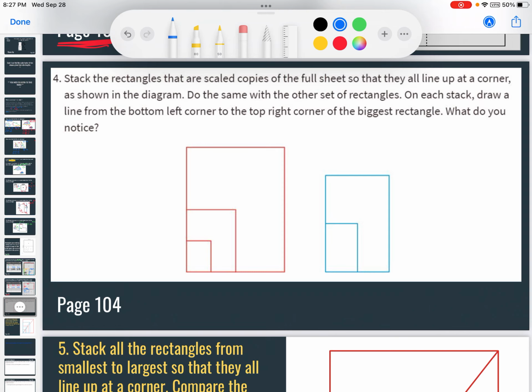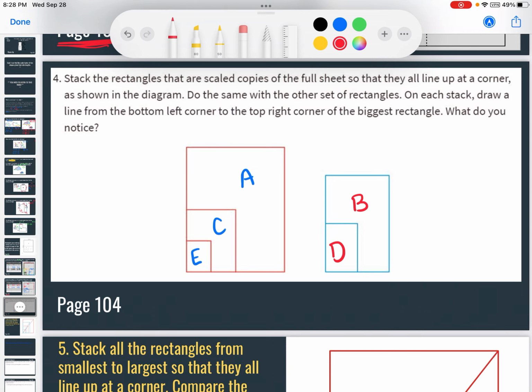So this red one shows rectangle A, rectangle C, and rectangle E. And this blue one shows rectangle B and rectangle D. So these are the ones that were scaled copies, and the other ones were the ones that weren't scaled copies.